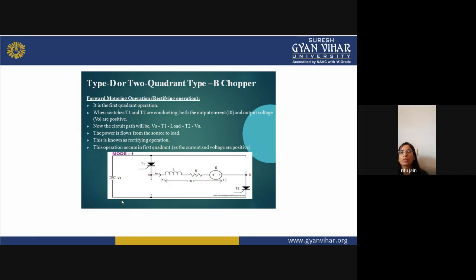When switches T1 and T2 are conducting, both the output current and output voltage V naught are in positive direction. We have already done this. Now the circuit path will be Vs, T1, load, T2 and Vs. So the power flows from source to load, and this is known as rectifying operation. This operation occurs in first quadrant.